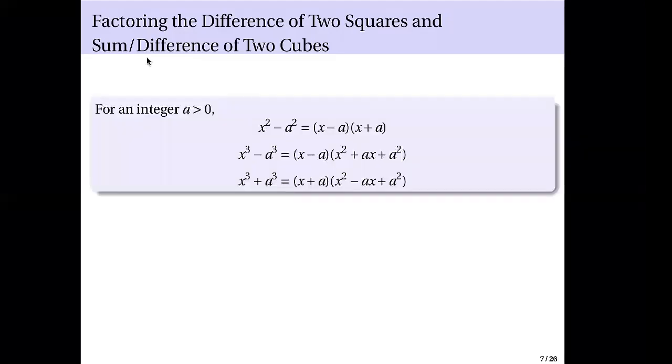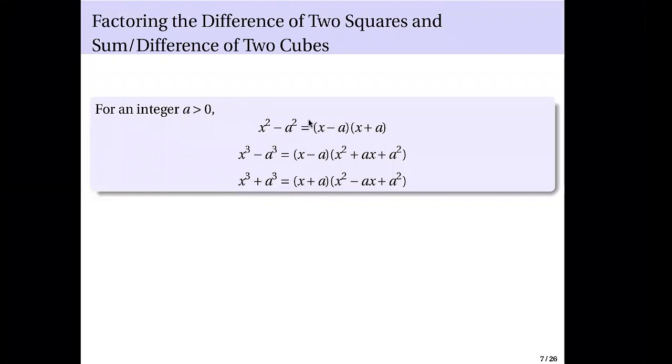Okay? So in here, for any integer a, the difference of two squares, x squared minus a squared, can immediately be factored into x minus a times x plus a. Last meeting, we started with x minus a times x plus a, and we will end up with x squared minus a squared.